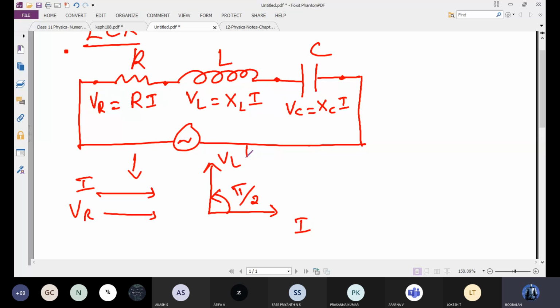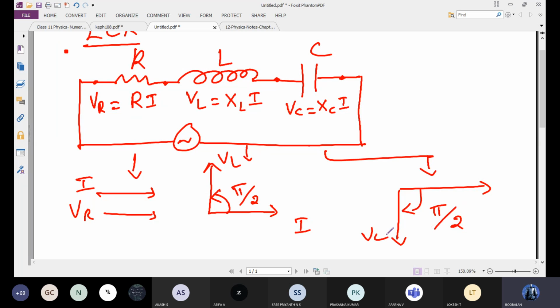This is for L, ma'am. Next one, capacitance. This is a negative value, VC and I. Up to that, please take a note. R means resistance, XL is the resistance of L, XC is the resistance of C.